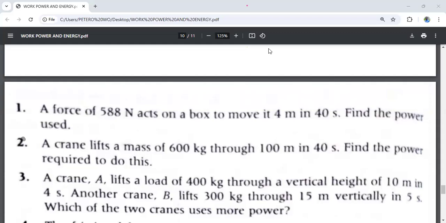So the answer for number 1 is 58.8 watts.